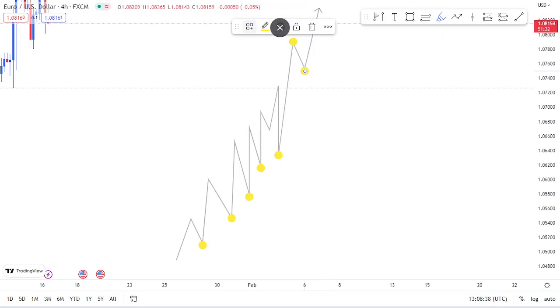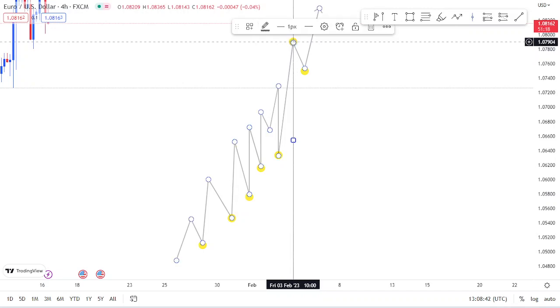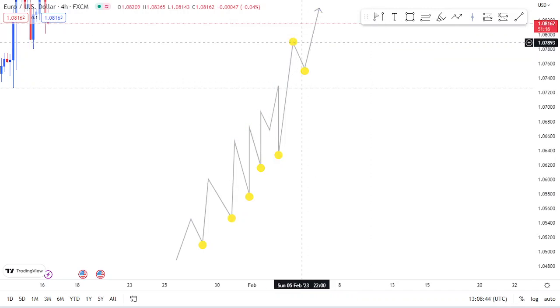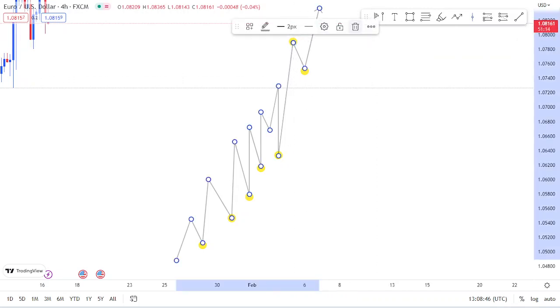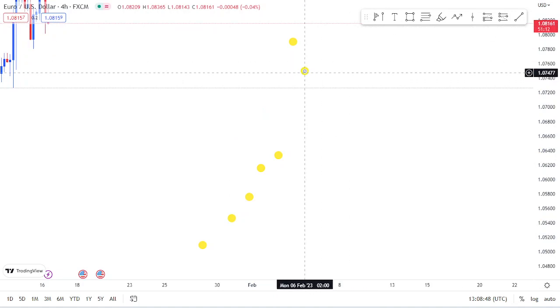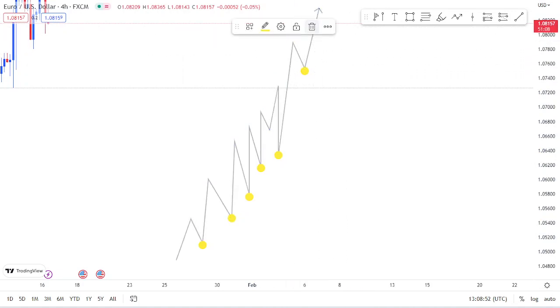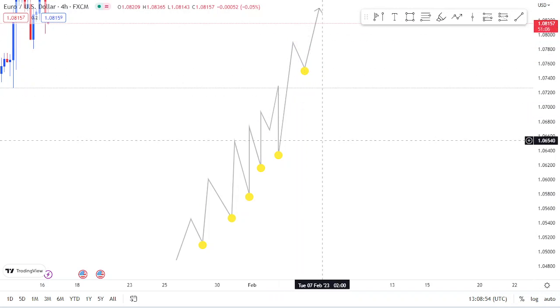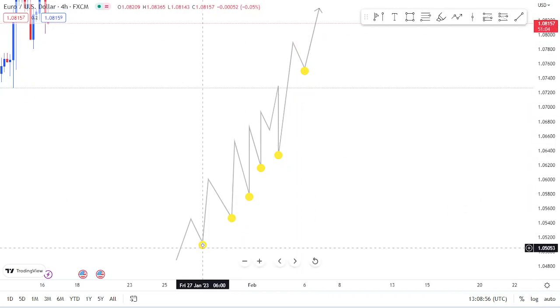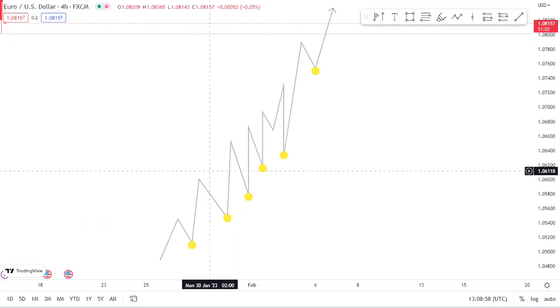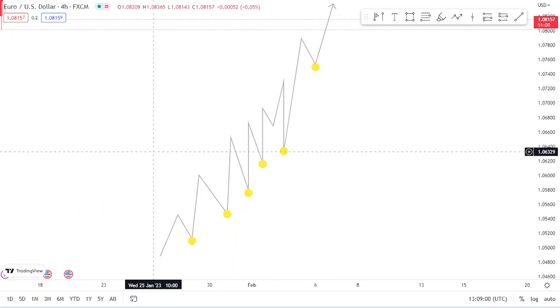I'll take this off. So this is going to be external liquidity. Everything you see outside is going to be external range.